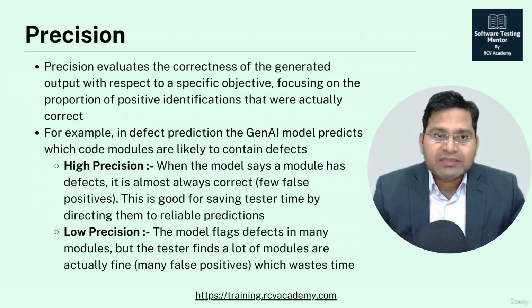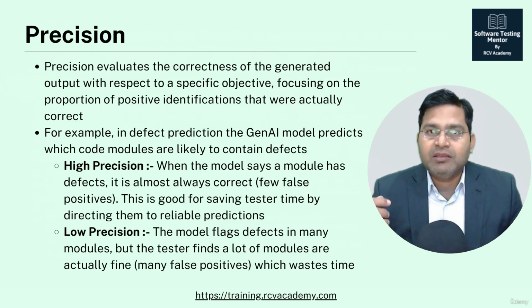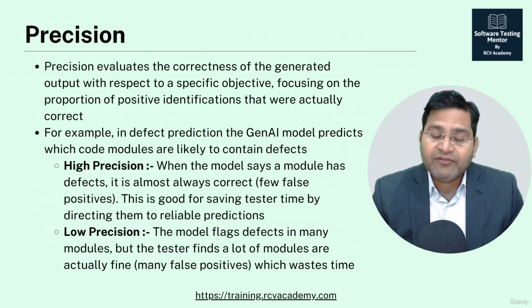Okay, so in this case, if we talk about precision, the model will be high precision if the model says, okay, in modules A and B there is a high chance of defects, and you actually go and see that yes, in both modules A and B there were defects. So you know that the precision of this identification is high.